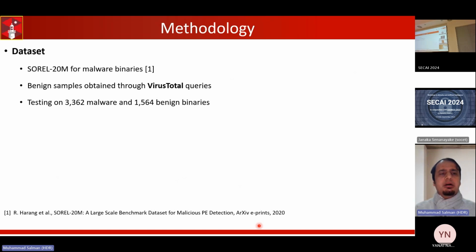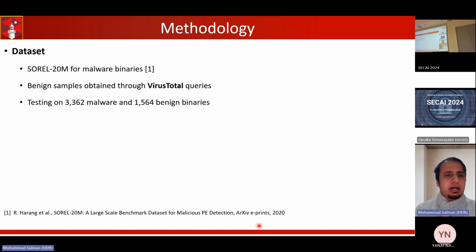Our sample test set is taken from the SOREL-20M dataset, which is a dataset of Windows portable executable files. The SOREL dataset contains hashes, binary files, and EMBER features of both the malware and benign files.